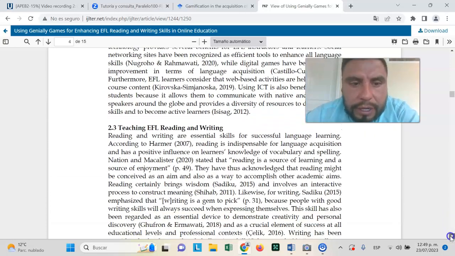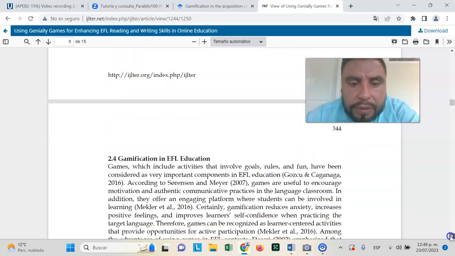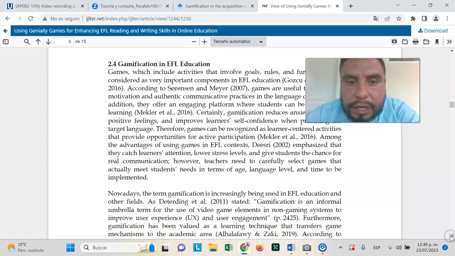Now we have teaching EFL reading and writing, and here we have gamification in EFL education.